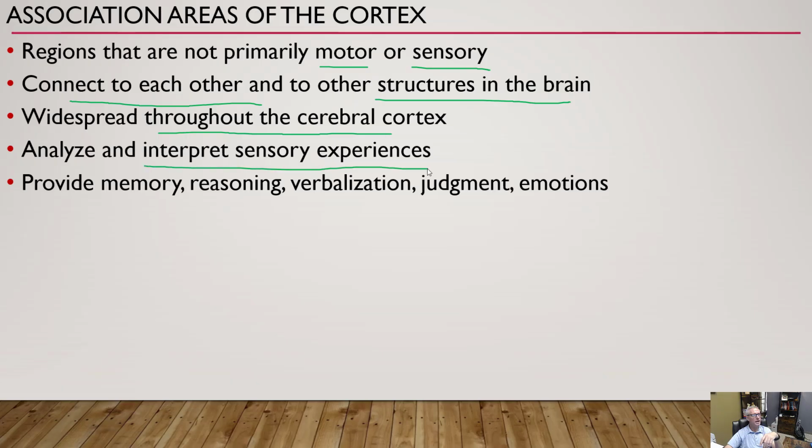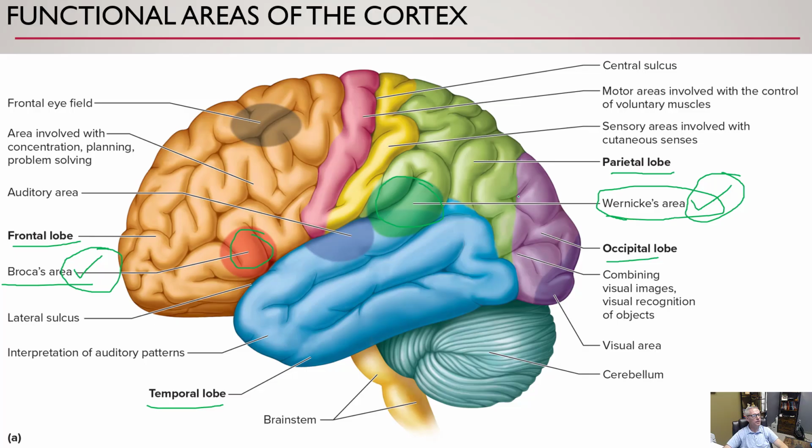They help analyze and interpret our sensory experience. So they're more like memory, reasoning, verbalization, judgment, emotions. They're not necessarily isolated into certain areas, like here where we can say, oh, this is Wernicke's area, this is Broca's area, or your frontal eye field, or that auditory area.